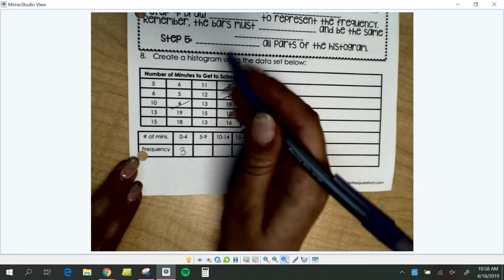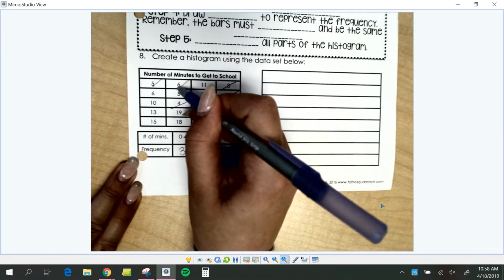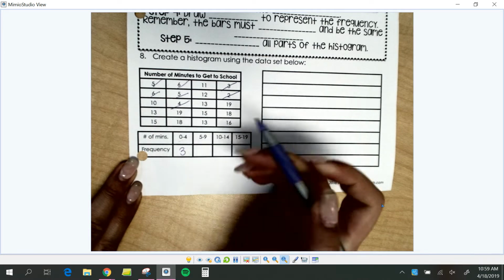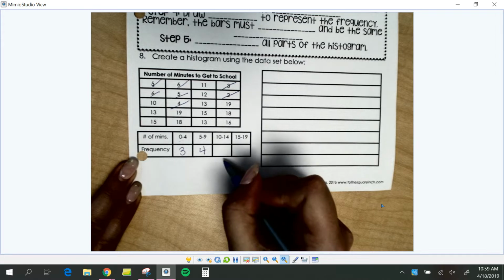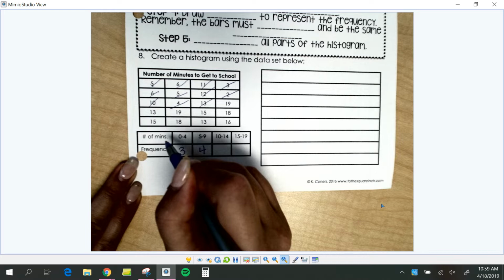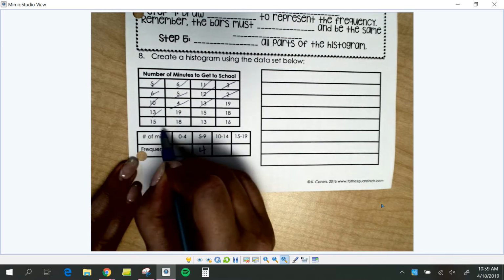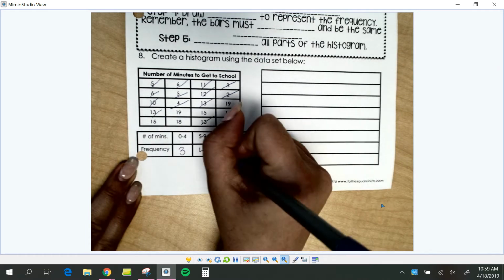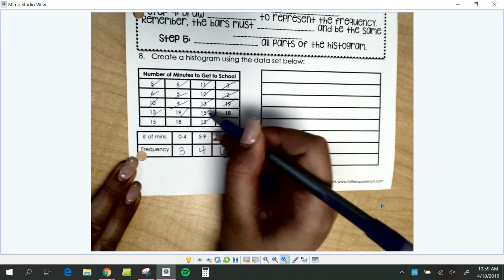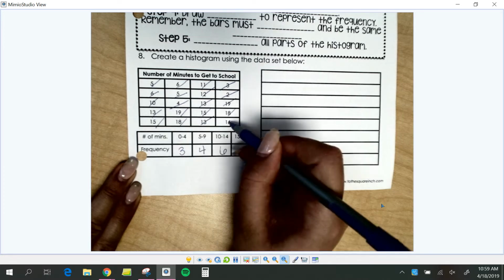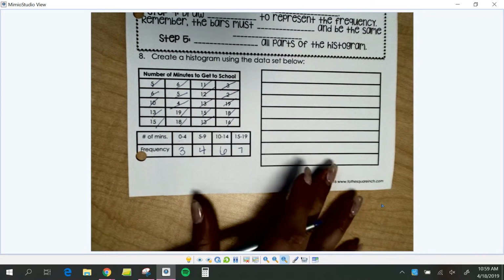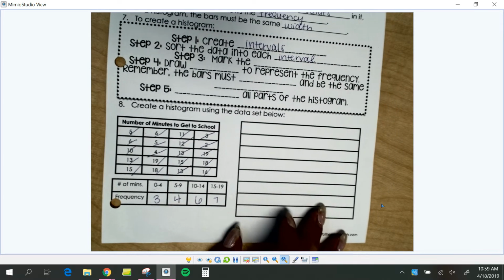Next, 5 through 9, 1, 2, 3, 4, and that's all I have there. 10 through 14, 1, 2, 3, 4, 5, 6, and then 15 through 19, I have 1, 2, 3, 4, 5, 6, 7 left over that fit into that group. Okay, so there I sorted the data into each interval.